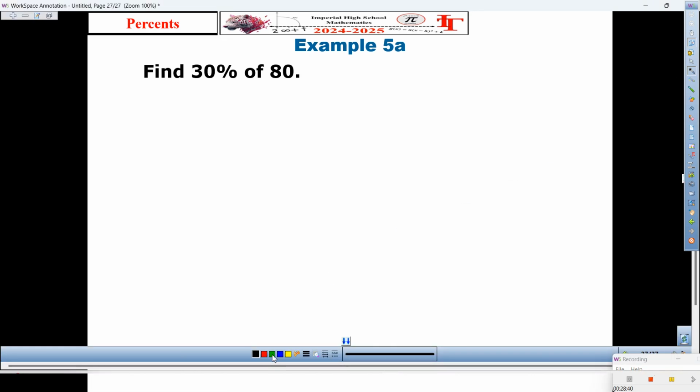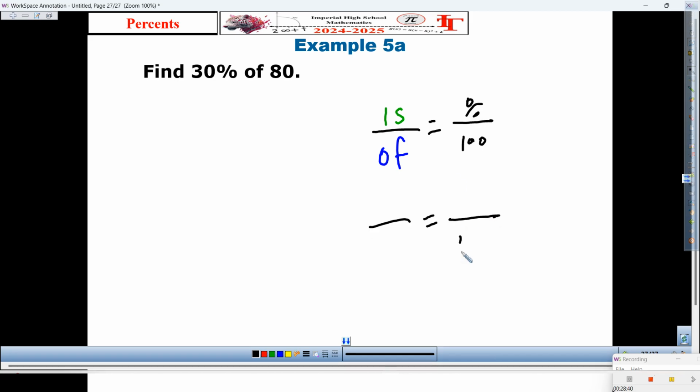So, let me use my handy-dandy proportion. Is over of equals percent over 100. To fill this, I do blanks. I only write the 100, and I read the problem.